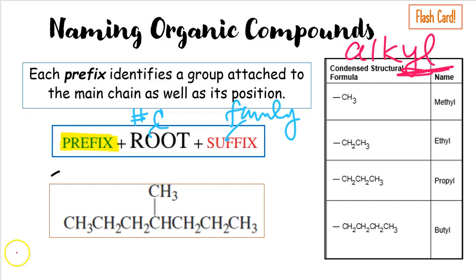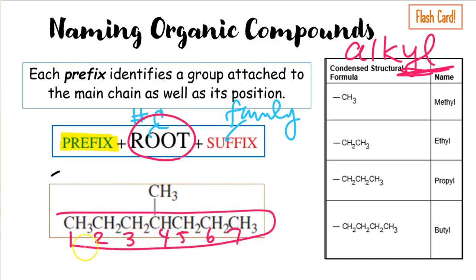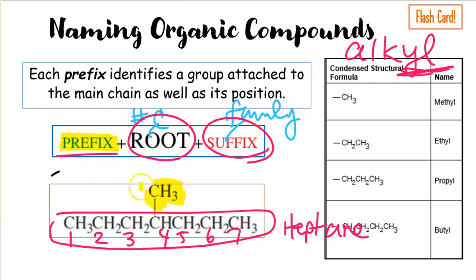So just to reiterate, the first thing that we did is we got our root. We figured out the longest continuous carbon chain, 1, 2, 3, 4, 5, 6, 7, okay? Once we had 7, we knew that's going to have the prefix hept. We also figured out our suffix, or the family it belongs to, which is alkanes, which is going to be ane. Okay, that's going to be our ending. And then we have the prefix, which is basically anything that's not on the parent carbon chain, we have to consolidate.